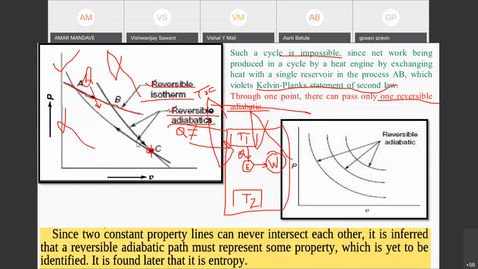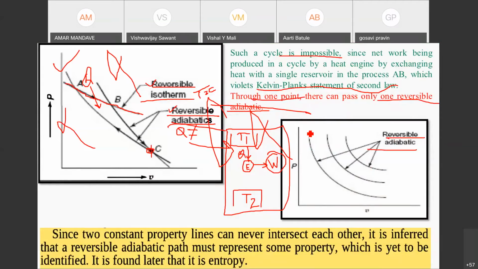But an engine working on this particular cycle is not possible. That's why there is no possibility of two different reversible adiabatic lines passing through one single point. We can write that through one particular point only one reversible adiabatic line can pass.